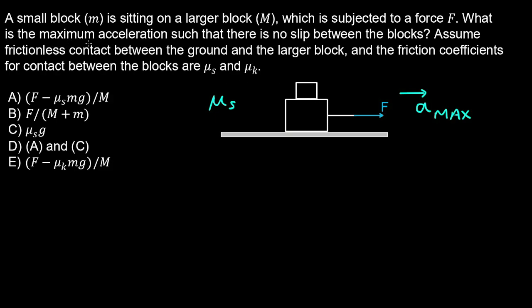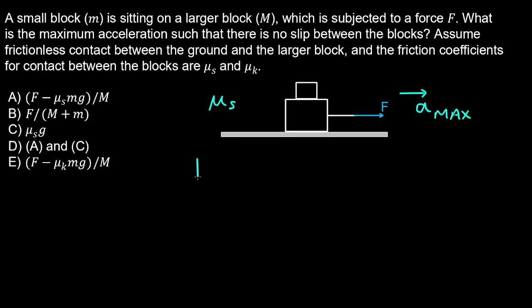And we can assume frictionless contact between the ground and the large block, and the friction coefficients for contact between the blocks are μs and μk for static and kinetic friction. So the static friction coefficient is going to be the constraint that prevents slip and results in a maximum acceleration. So therefore A and C are the potential correct answers.